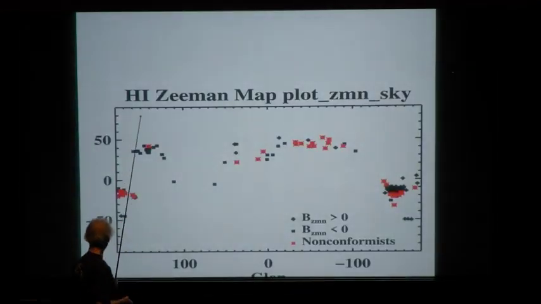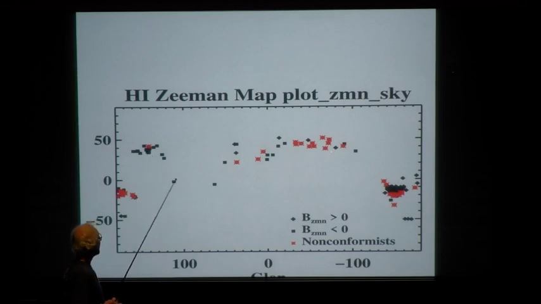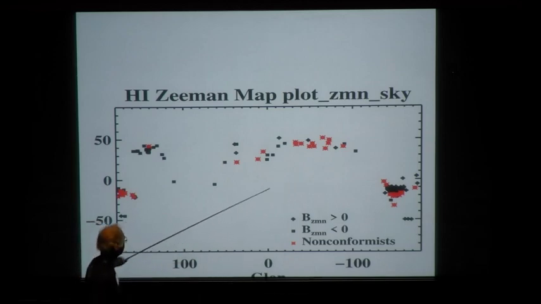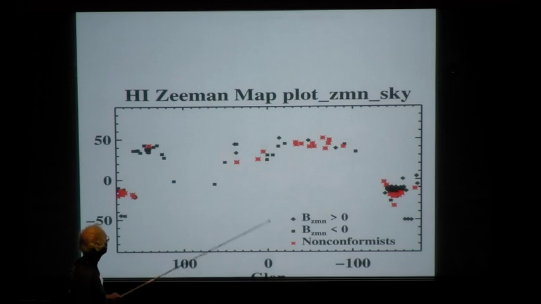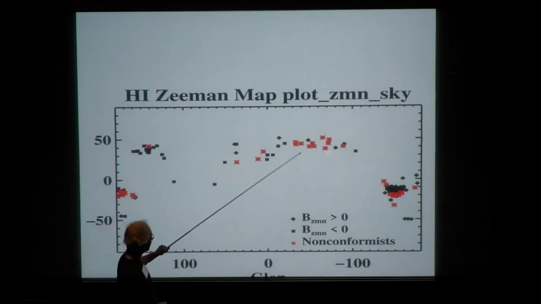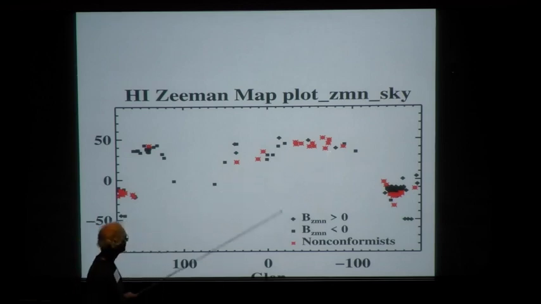And here's a map of the Zeeman detections at these high latitudes. This is the southern sky, so there's nothing down there. And the red are the nonconformists, and the black are the conformists. And you can see that these nonconformists tend to cluster.